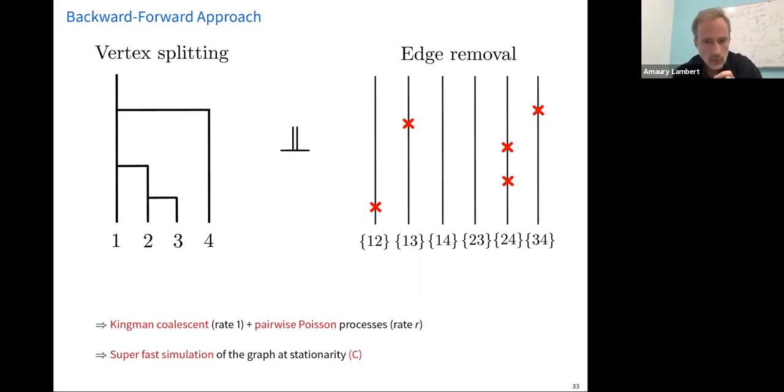And so if there's an atom of this Poisson point process that has occurred before the time to most recent common ancestor of this pair of particles, then the edge has disappeared. And so from these two independent, very simple objects, we can define and fast simulate the graph at stationarity.